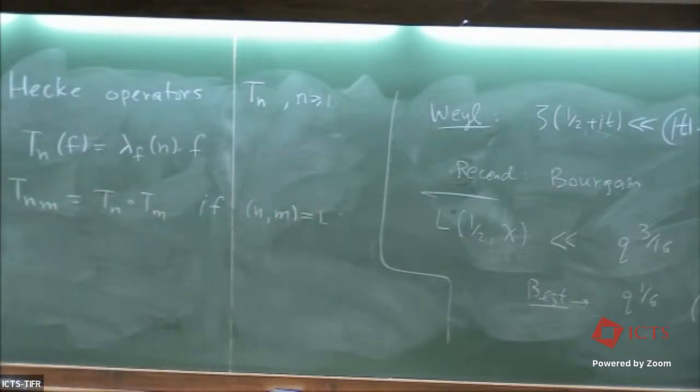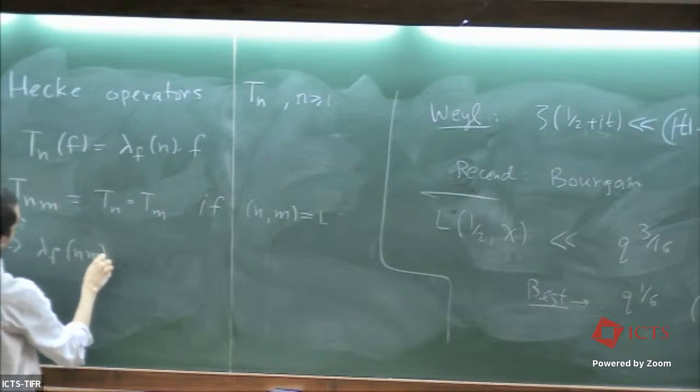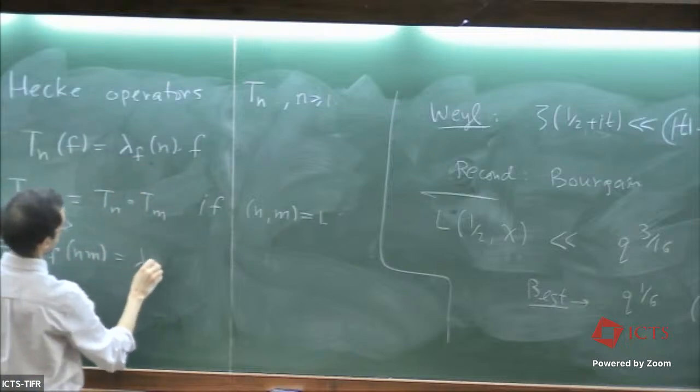If n and m are coprime, you have T_n T_m, or the opposite, and that essentially gives you the multiplicativity of these eigenvalues.